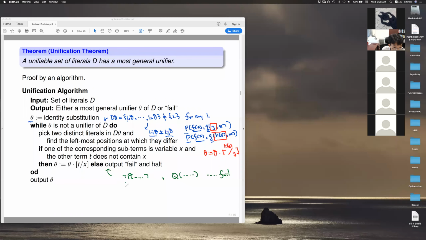Another possibility is that in one case we have a P, maybe just like f of x, and then g of y, the same thing as before. But this is one of those two cases that I mentioned before where the unification fails. So we have a k, but this time we have a variable y here.